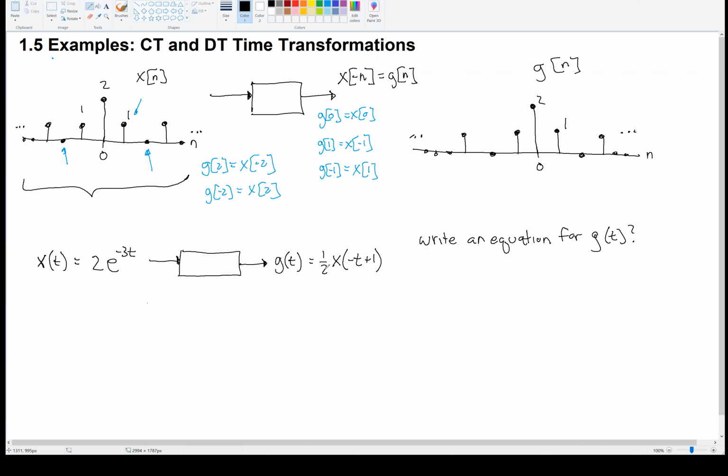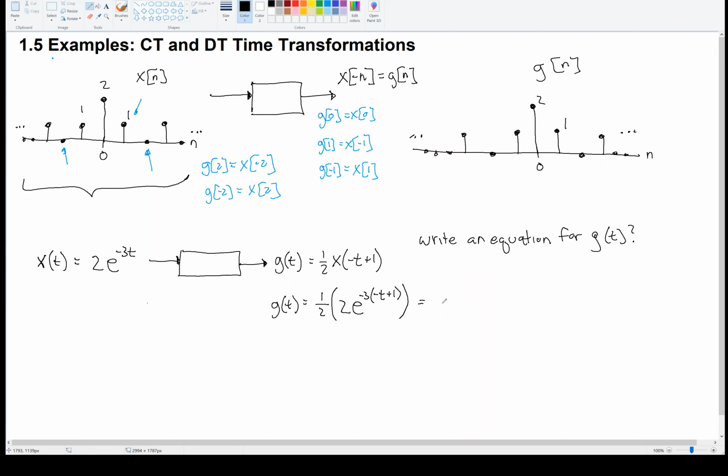All right, so g of t is 1/2 times a reversed x shifted by 1. So this would be g of t is 1/2, and then I'm going to put in minus t plus 1 wherever I see a t in x. So I've got the 2 from here, e to the minus 3, and I'm going to put a minus t plus 1 there.